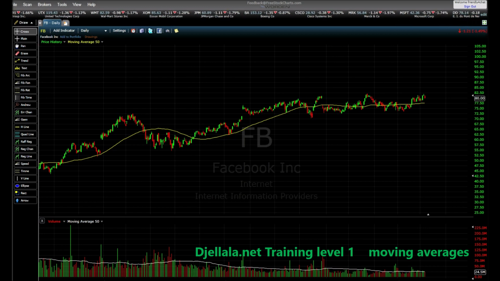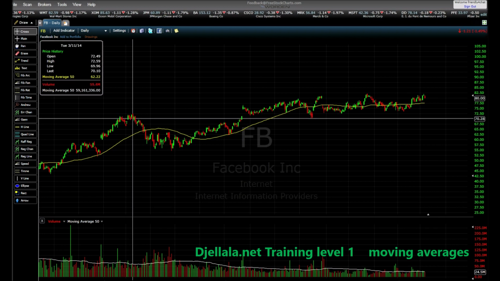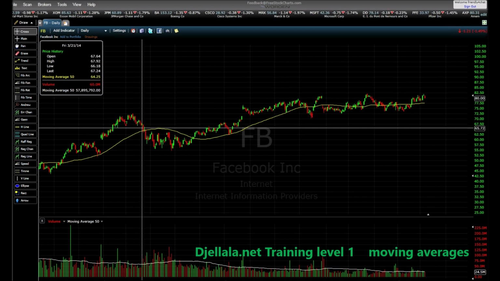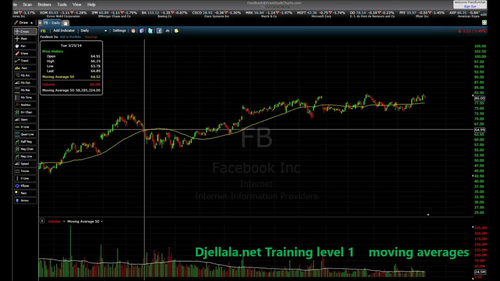Now the problem with this is that when it reaches a high like here, which is 72.59, from 72.59 the stock goes to 64.